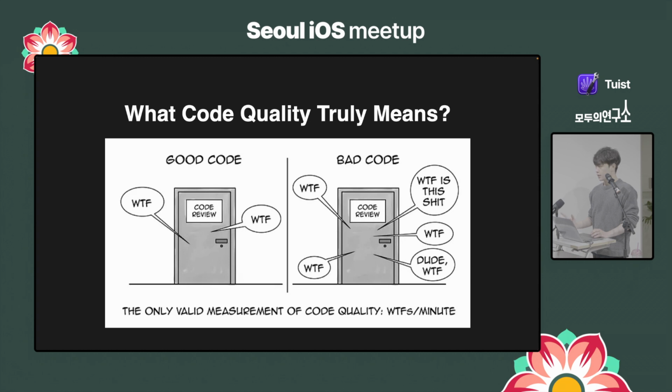It's about ensuring that software is maintainable, scalable, and efficient. High-quality code is easier to work with, less prone to errors, and more adaptable to change. In the next part of our session, we will discuss how tools like trunk check can help us achieve this level of code quality, reducing the WTFs and increasing our productivity and software reliability.